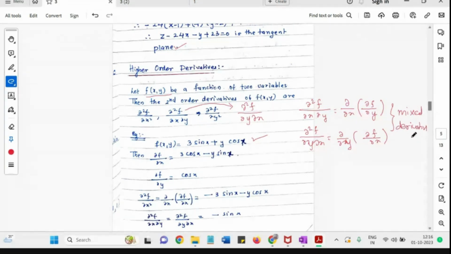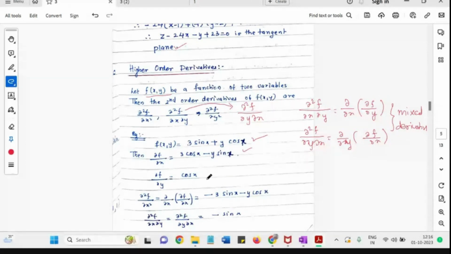Now equality of the mixed derivatives requires some assumption, and I will discuss it after I finish this example. So I have f of x comma y given by 3 sin x plus y cos x. The first order derivative dou f by dou x is 3 cos x plus y into minus sin x, and dou f by dou y is cos x.